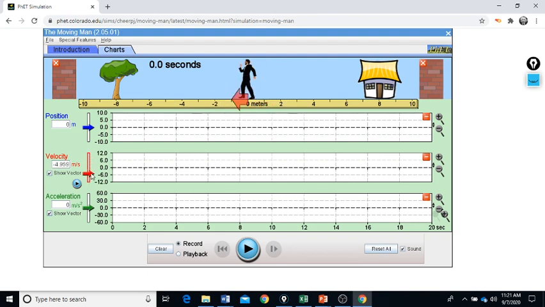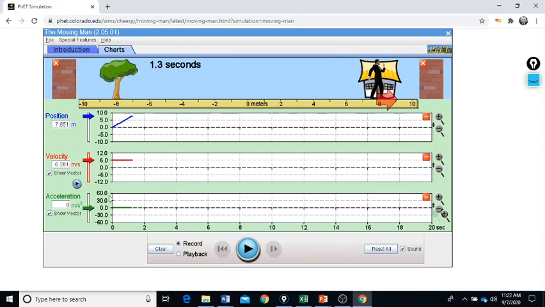So let's say I want to set this person in motion with a velocity of 6.281 meters per second. And you can see that they've already shown the velocity vector there. Once I hit play, they'll move at constant velocity. So note that there is no acceleration if the person is just moving along at constant velocity.